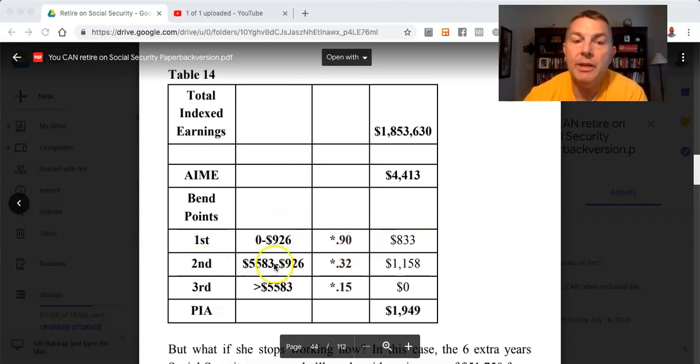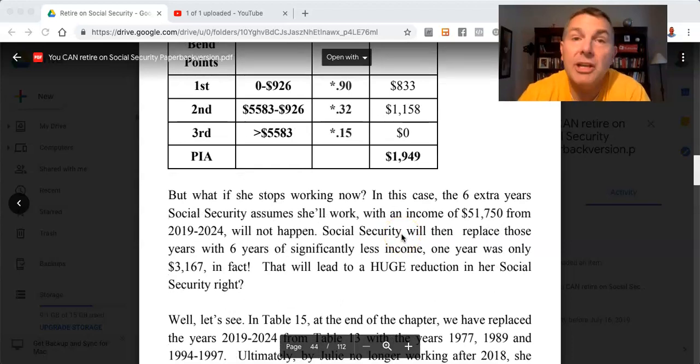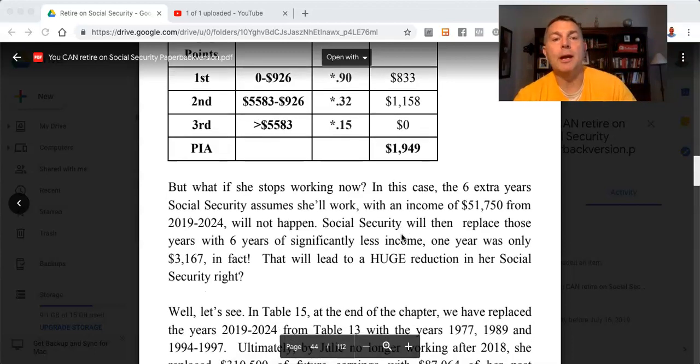The second bend point is 5583, because that's the max of the second bend point minus the 926, which gives us 3487, I think. Yeah, multiplying that by 0.32 gives us 1158. We add those two numbers up, and that's her PIA. Simple. It actually is. Once you do this a couple of times, you'll get it. I'm telling you, it gets easy once you figure it out. And hopefully this book will help you figure it out.